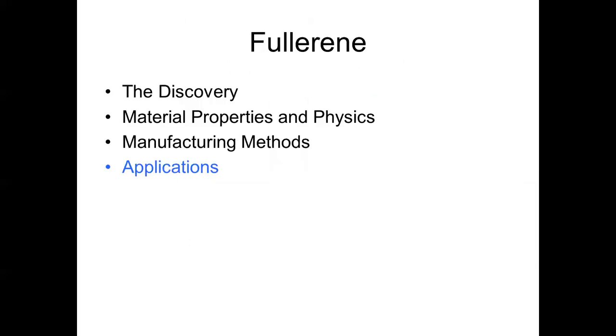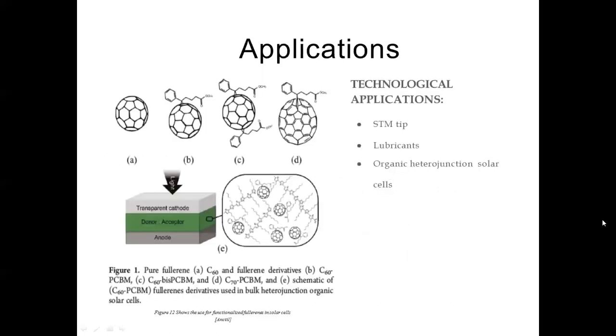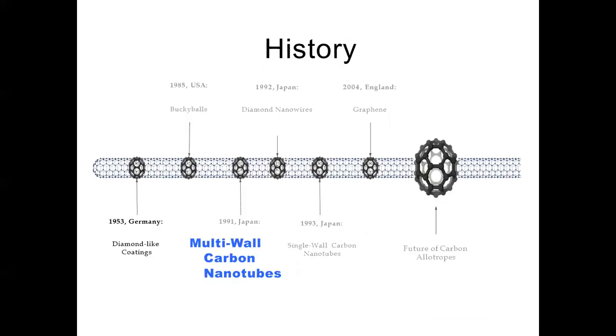So, particular applications of fullerenes: we can look at medical applications, such as caged medicines. We can also look at coatings, like scanning tunneling microscope tips. We can also use these materials as lubricants, and as heterojunctions in solar cells.